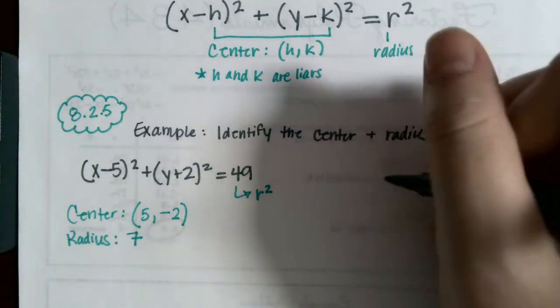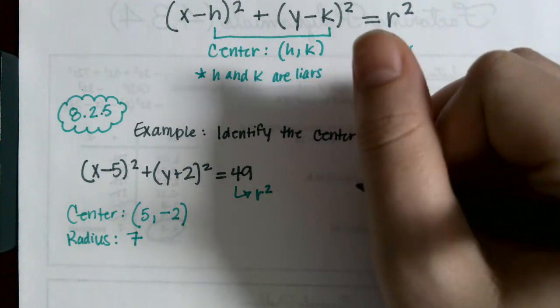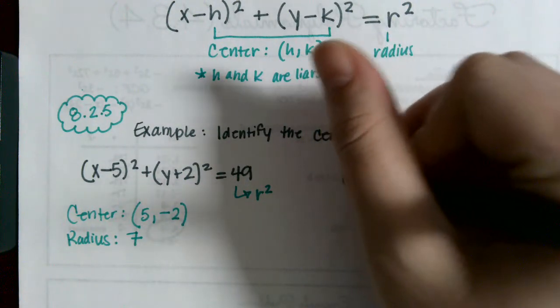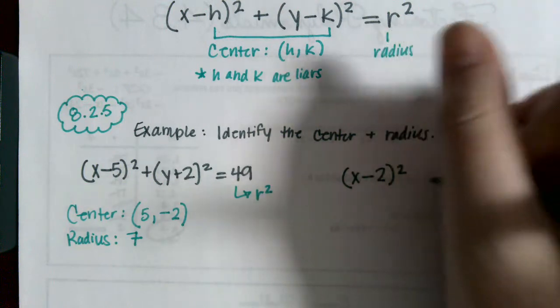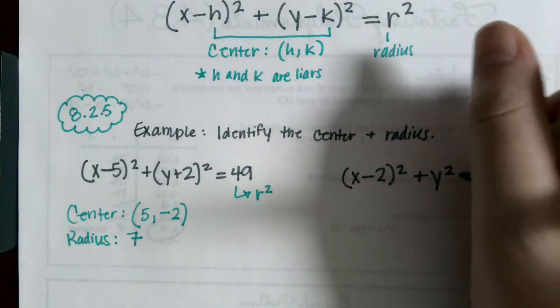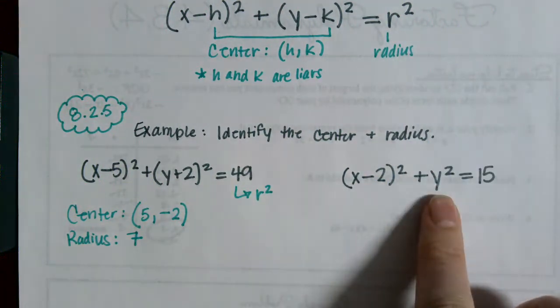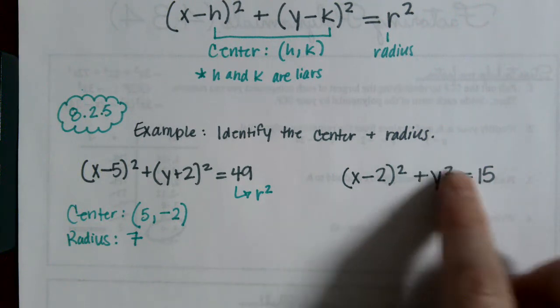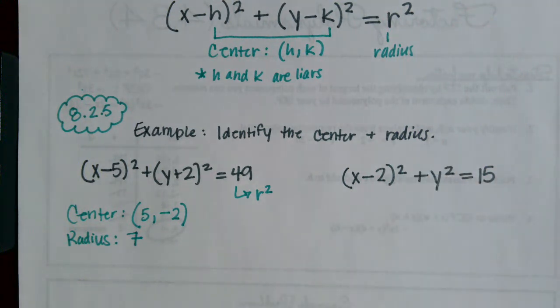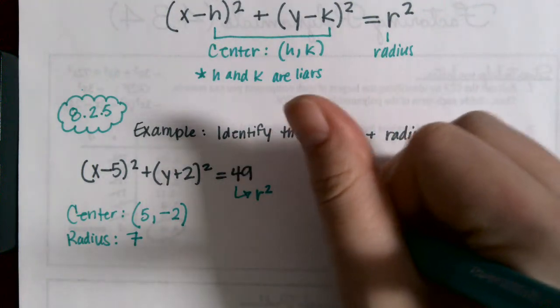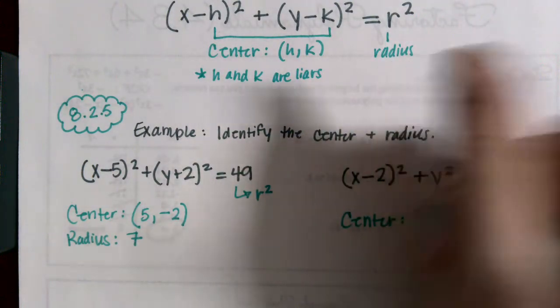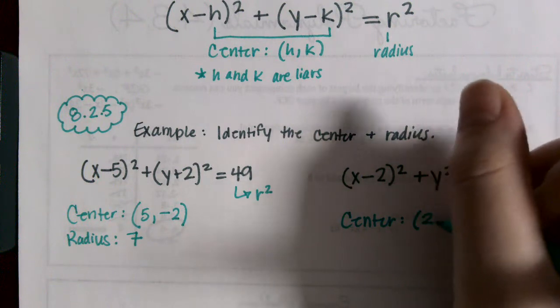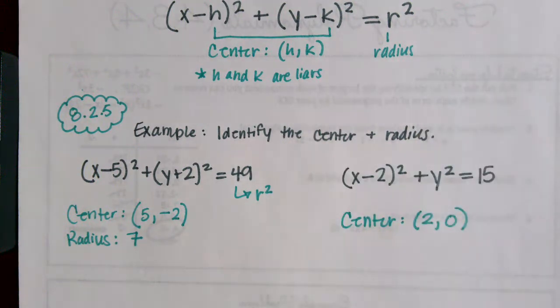There is one weird example that might look like this: (x minus 2) squared plus y squared equals 15, where one of the values is missing. The k is gone, there's no parentheses. If that ever happens, that value is just 0. So our center is plus 2, 0.